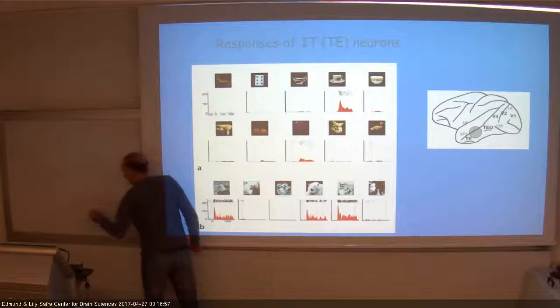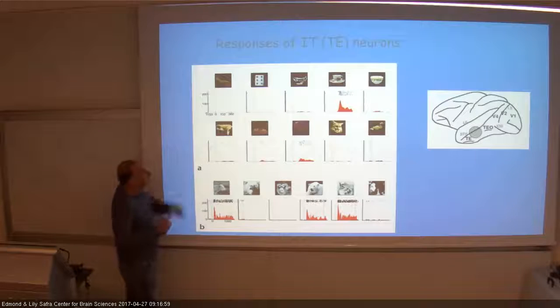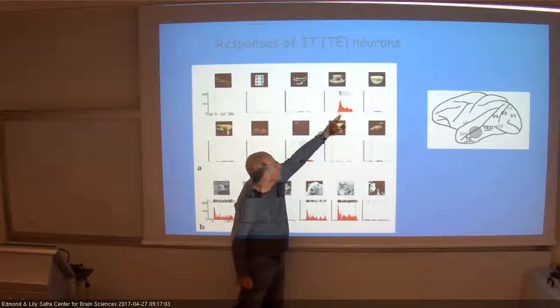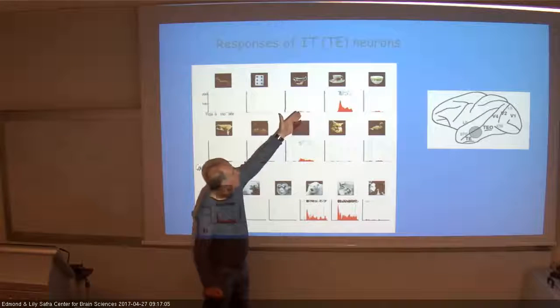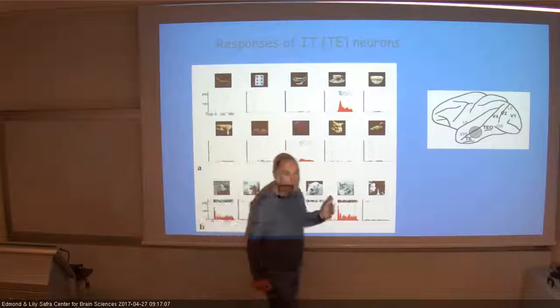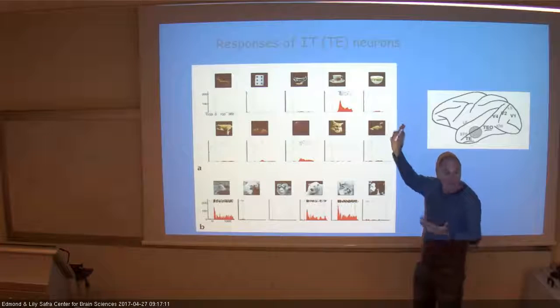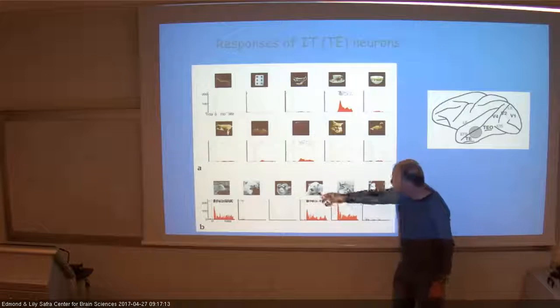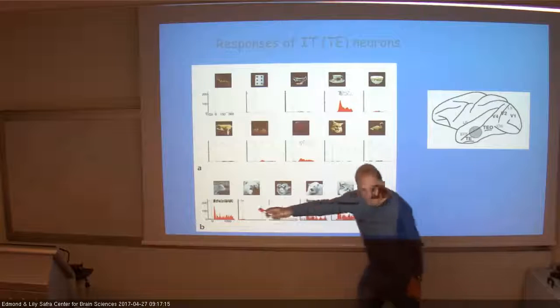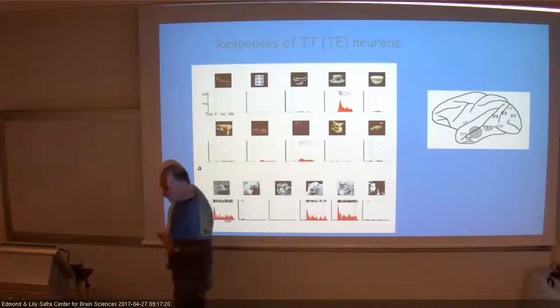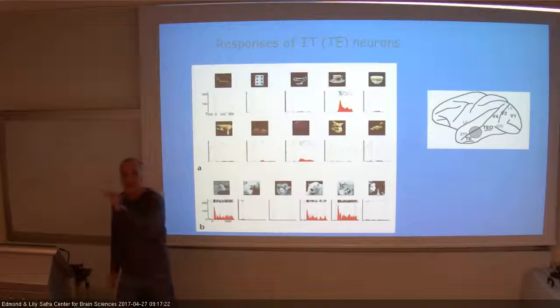Now here, you don't see anything like that. For this neuron, here's the raster and here's the histogram. It responds well to one of these cups from Queen Victoria, but not to another. So it's not a cup neuron, and it does respond to the bear, but it also responds to the cow. So we can't think about neurons here as being the grandmother cell.